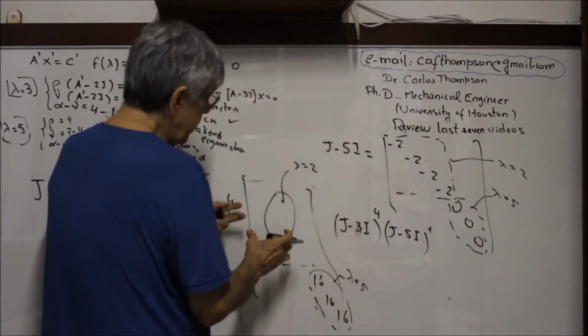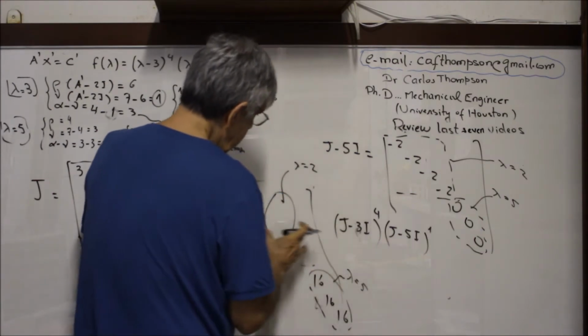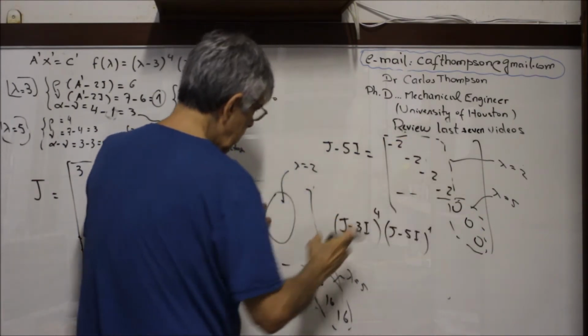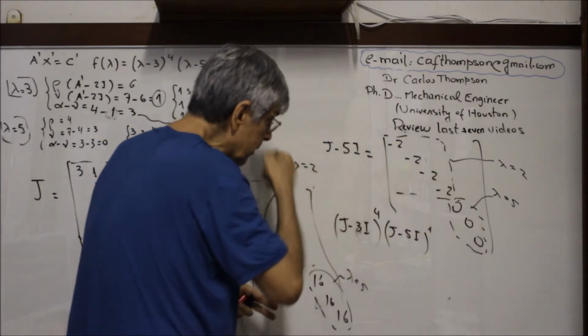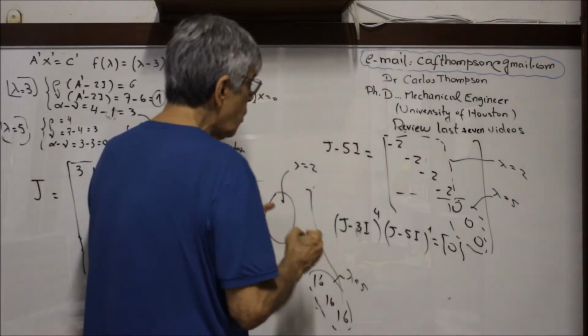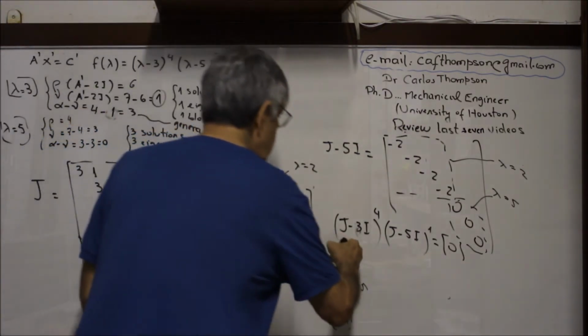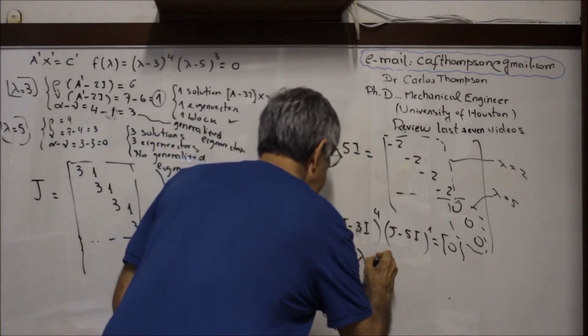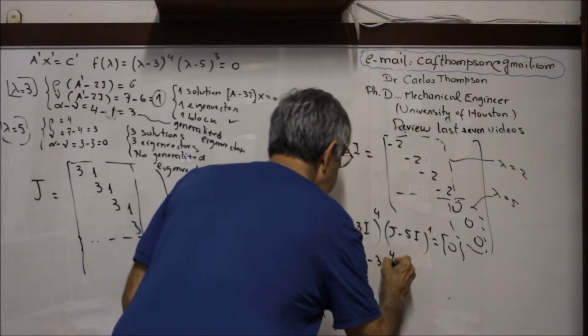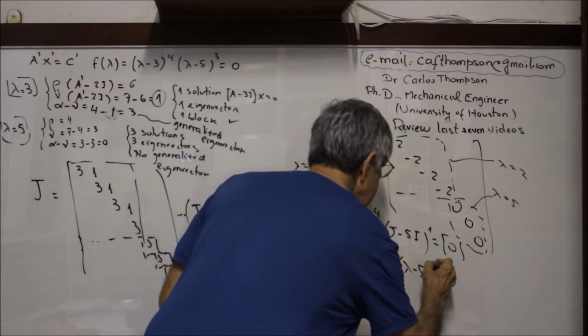If I multiply this times this, there will be 0 here, and 0 there. So this is 0. So my minimal polynomial will be lambda minus 3 to the power 4, lambda minus 5 to the power 1 is equal to 0.